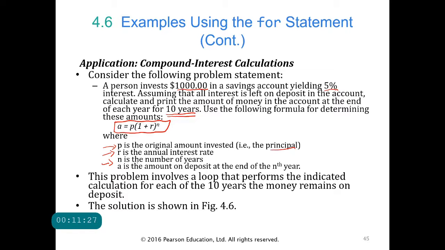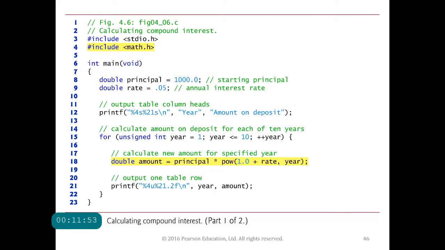N is the number of years for which the money has been invested, and A is the amount on deposit at the end of year number N. Now this problem obviously involves a for loop that needs to run 10 times. So let's look at the solution.